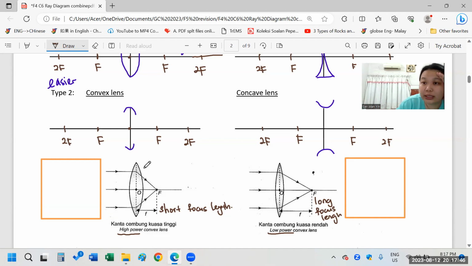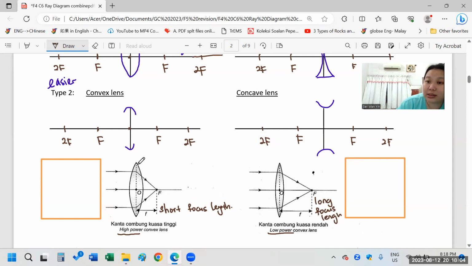Okay, short focal length means what? Means after the light travels, it will focus in a shorter length. And this one, after the light travels through the lens, it will focus at a longer distance.